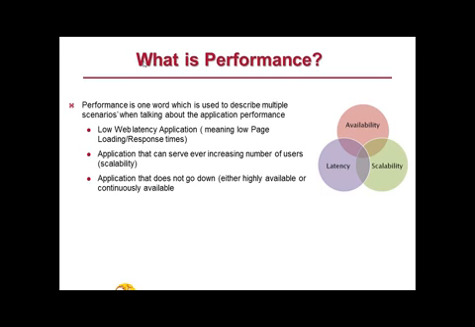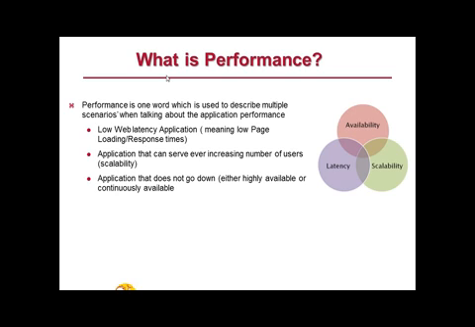So let's start with what is performance. Performance is one word which is used to describe multiple scenarios, especially when you are talking about application performance. If someone asks me how do you define a high performance application, I might define it as one which has low web latency. That means you will have your page loaded in less response time.